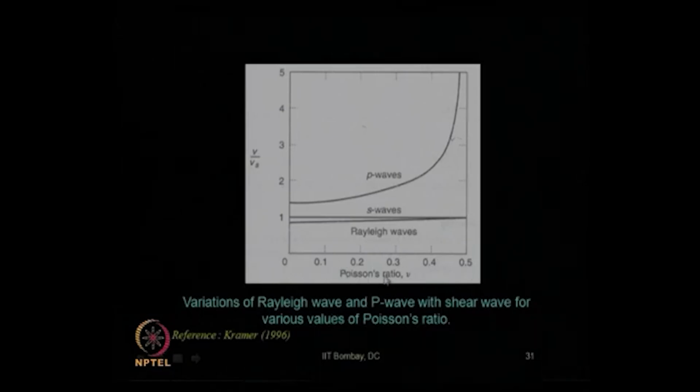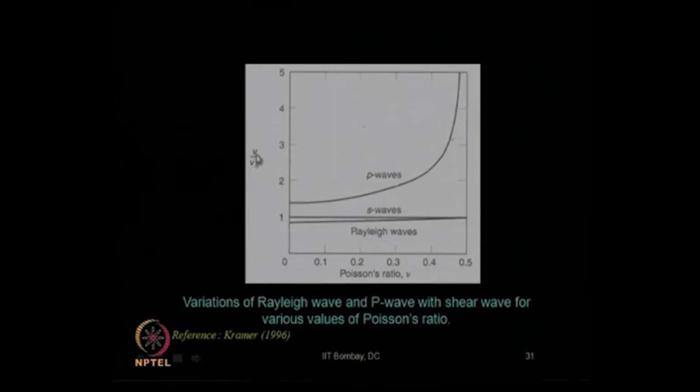The x axis shows the variation of Poisson's ratio nu from 0 to 0.5, and S wave is taken as the reference, that is, we are computing everything with respect to the S wave. So, the y axis shows the ratio of any particular velocity to the shear wave velocity. Shear wave to shear wave will obviously always be 1, that is the reference for us. So, that is the line 1 for any Poisson's ratio.